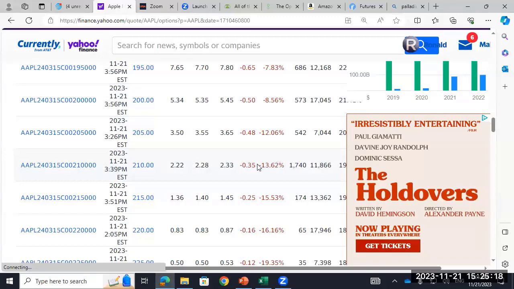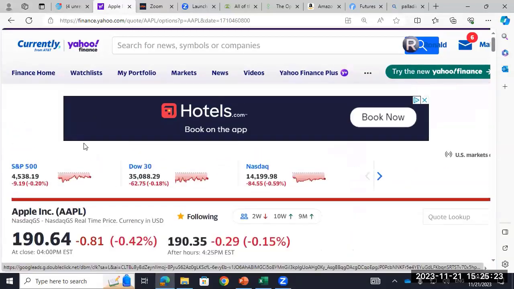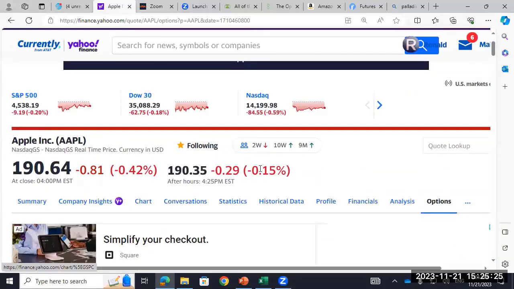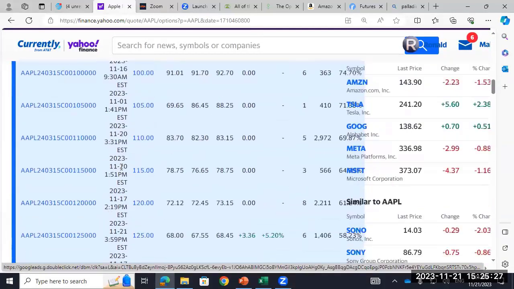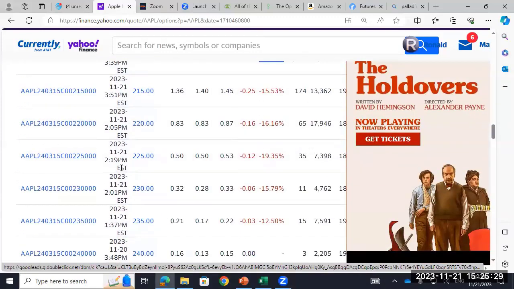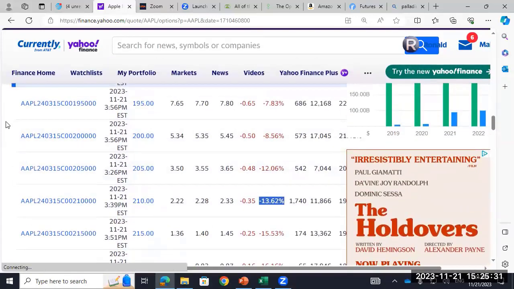It's down 13% today. Why is that? Probably because Apple stock is down today. So what about the right to sell Apple for 170? Would that be worth anything over the next 4 months? How much would you pay for that? I'm kind of parallel. Would that be $2 or would it cost more?